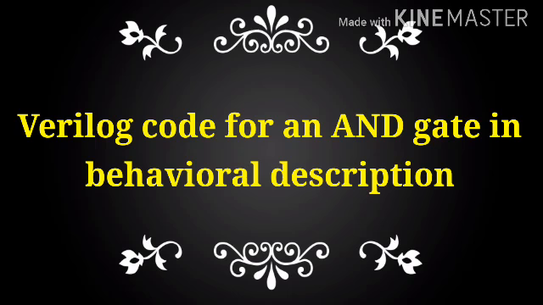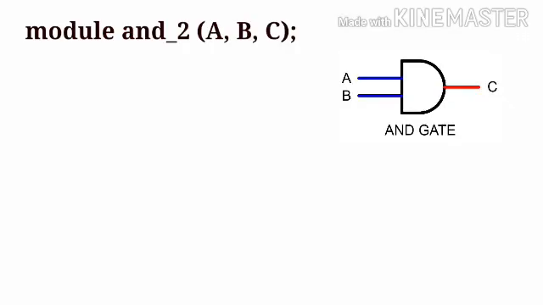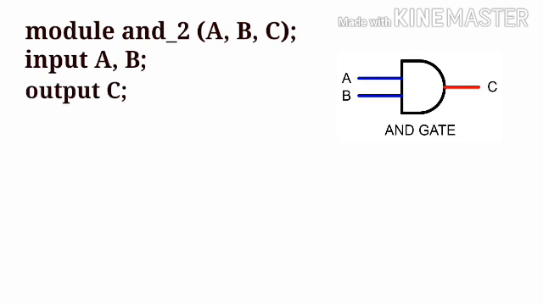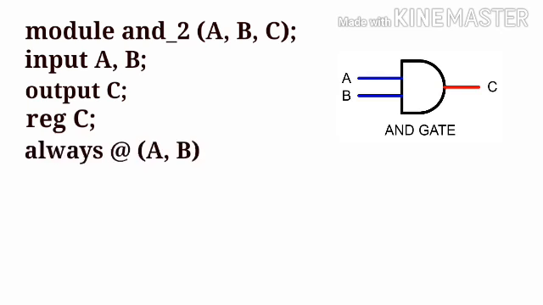Similar to data flow modeling, we start with module followed by the name of the module and port list, and end the statement. We write the input and outputs. For the next statement, we use the predefined keyword reg to define the output and end the statement. In the next statement we use the predefined word always, @, and mention the inputs, followed by a begin statement.